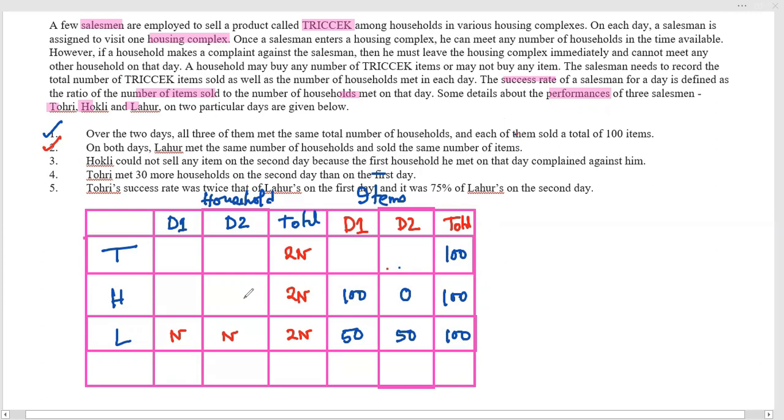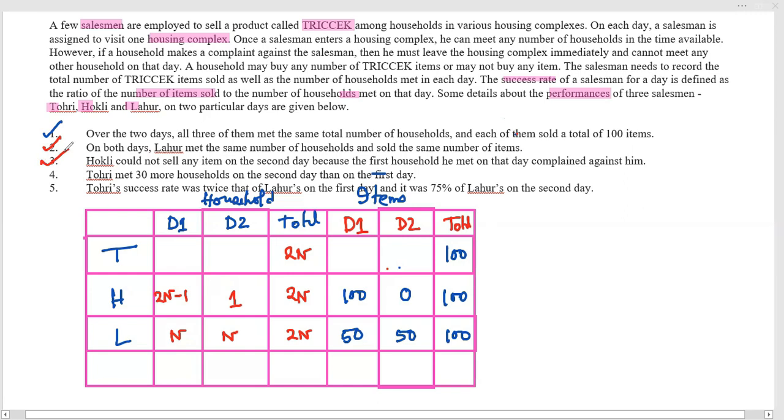That means the number of households he met is one. So I can find that the number of households met should be one on the second day, with the complaint, and the rest would be 2n minus 1 in this location. Till now we are writing only one variable. So this is our point number 3 done.